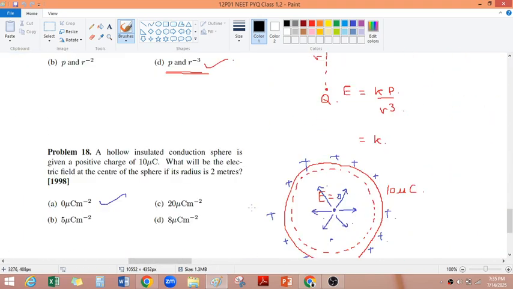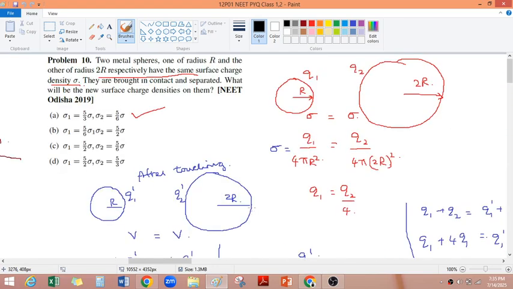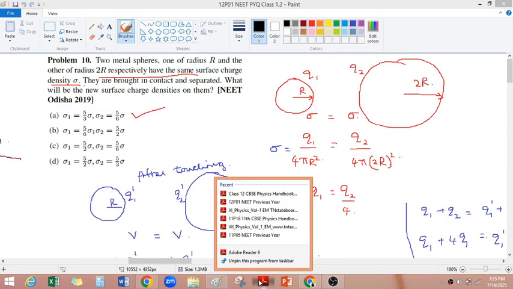Okay, I think we were supposed to do the last two pages. So page number 18.